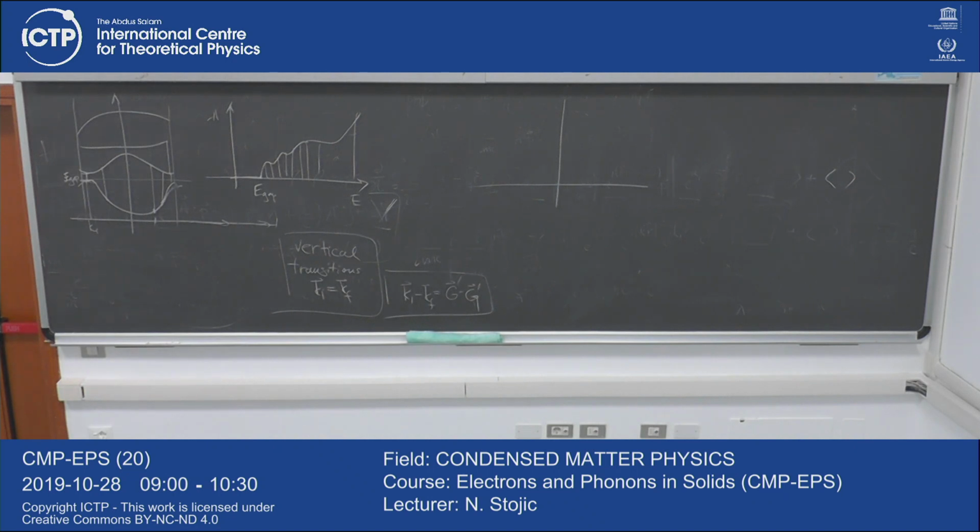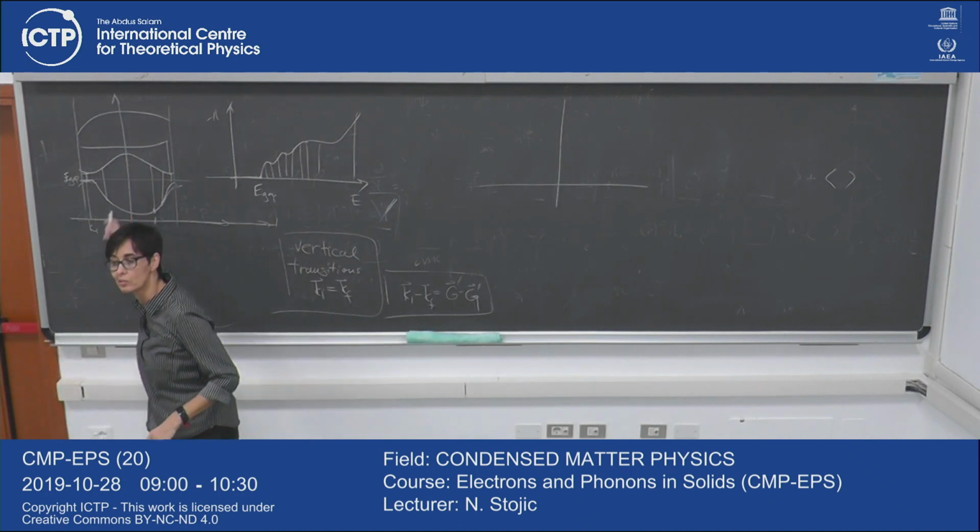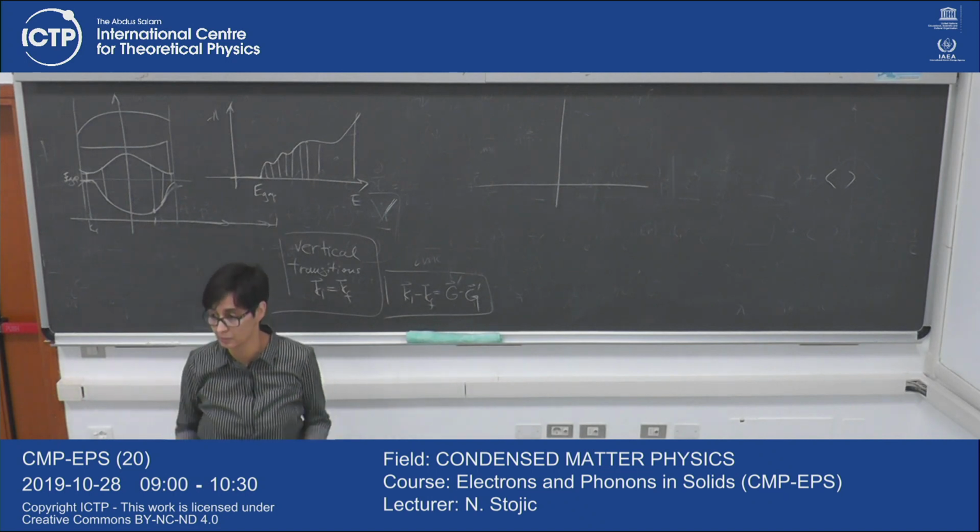Well, it depends what I want to do. Let's say I'm doing experiments with visible light. I have such a photon source for visible light. You can have X-rays. You can have many things. And it doesn't change much, by the way, the whole thing. You can still survive in the picture of vertical transitions as the dominant process.